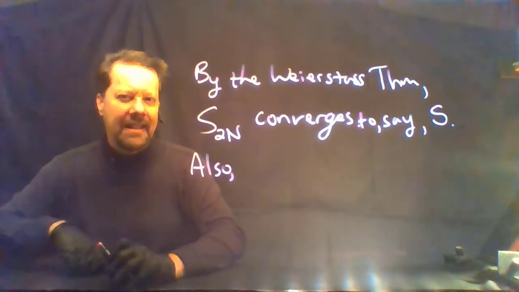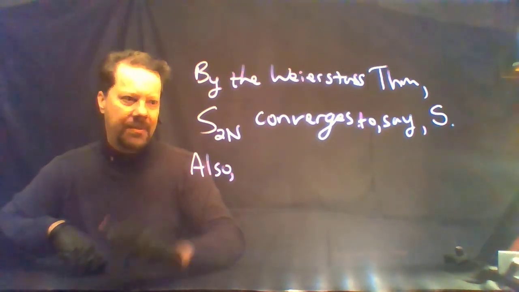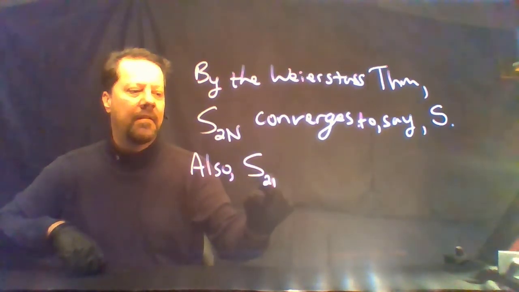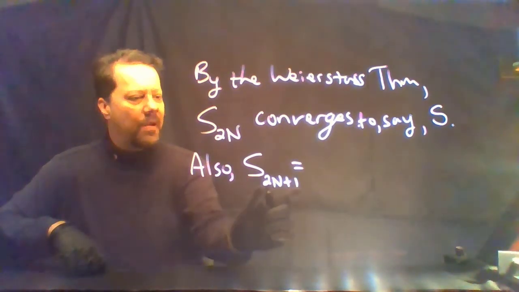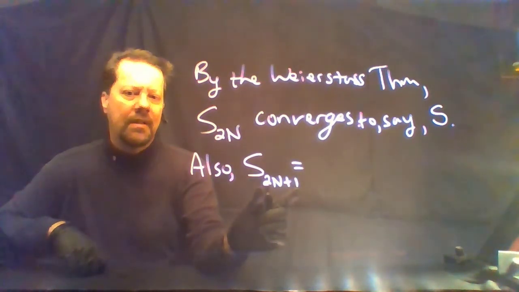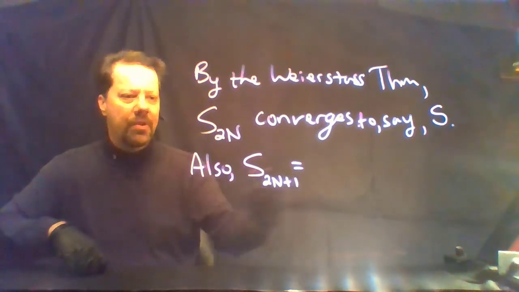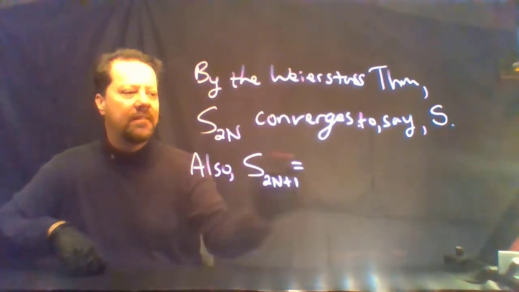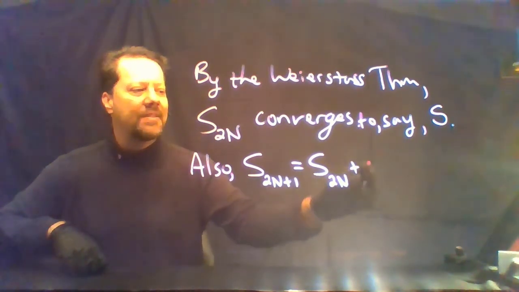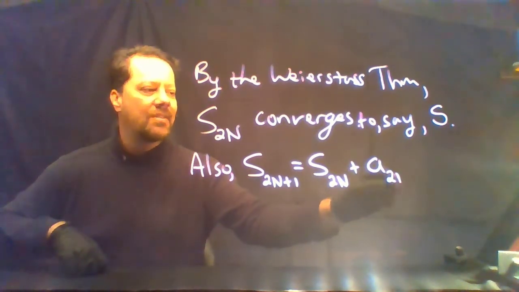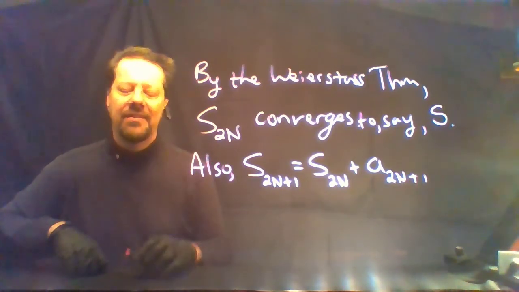Let's look at the odd partial sums. This odd partial sum, s2n plus 1, adds one more term to s2n. So it's going to be equal to s2n plus that one last odd term.